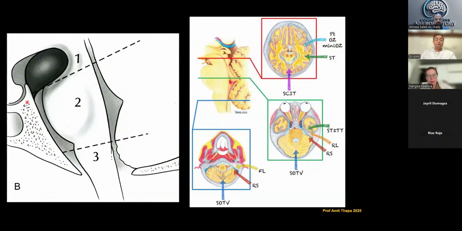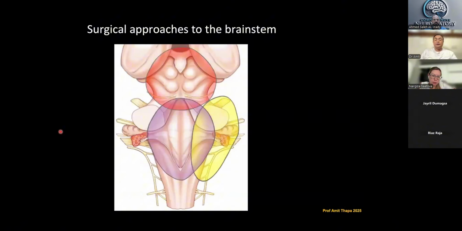So this is a cartoon to show that the clivus is the main factor which actually hides the pons behind. So one can reach the midbrain from the top, or do an anterior petrosectomy to attack the upper part of the pons. However, to reach the medulla and the pons from the front, either you have to do a transclival approach or go from the lateral approaches.